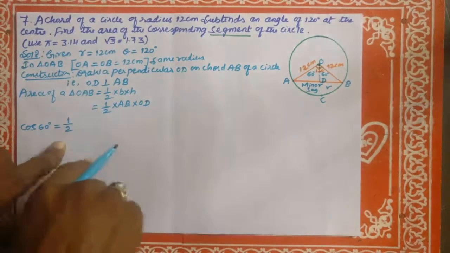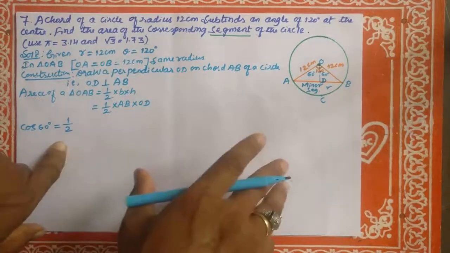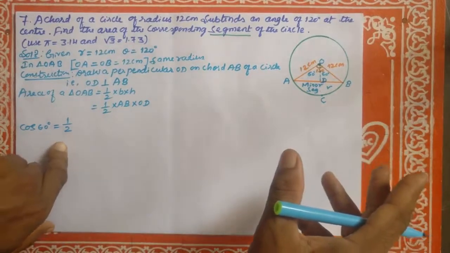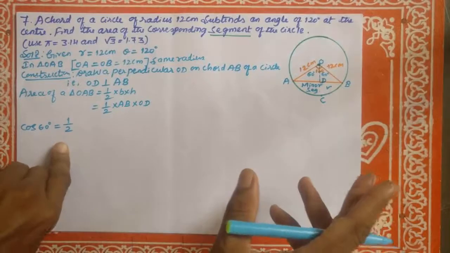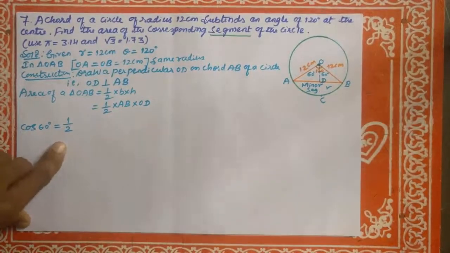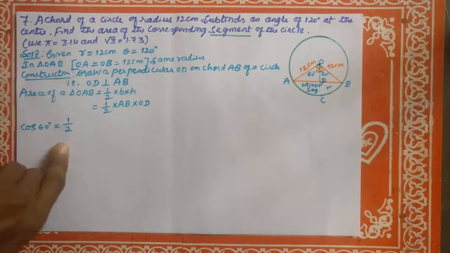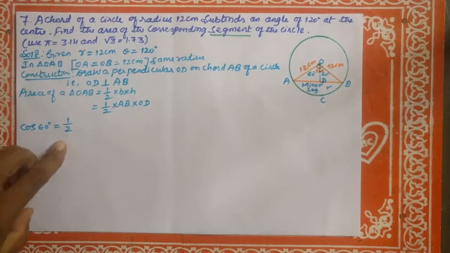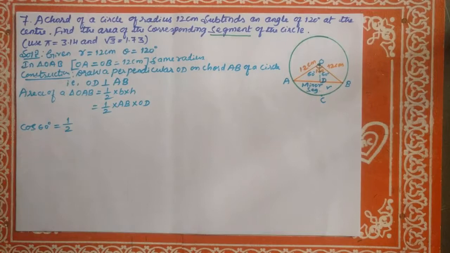I will write these trigonometrical ratios as direct formulas. You will know them in the next class, when we learn trigonometrical ratios. Cos 60 degree is equal to 1 by 2.